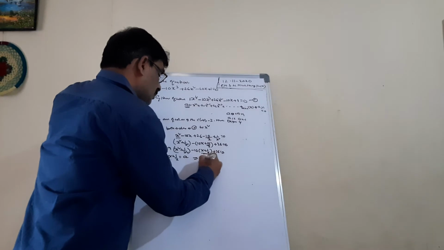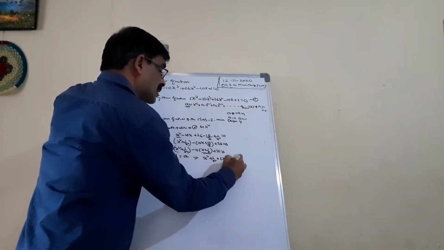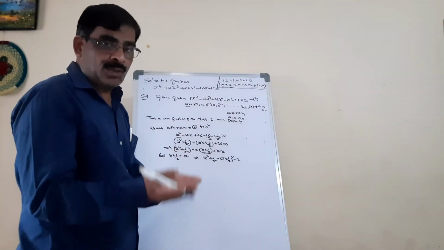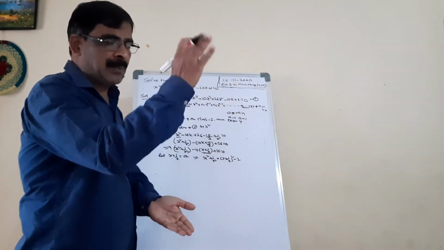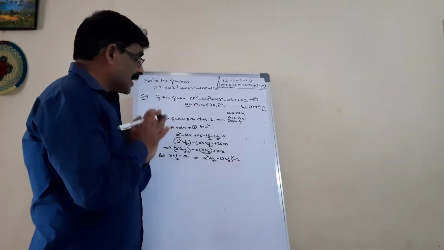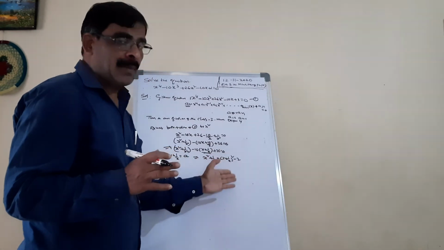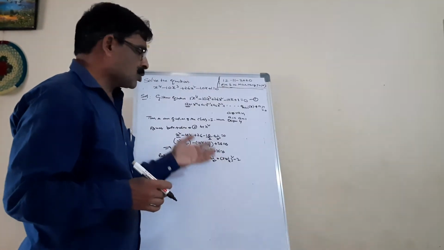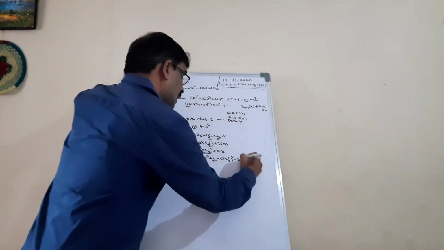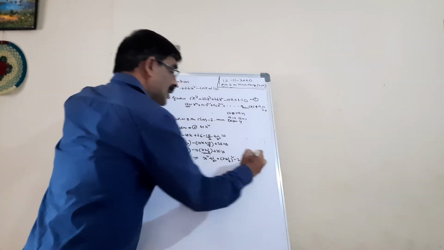You can write it as x plus 1 by x whole square minus 2, since a plus b whole square equals a square plus b square plus 2ab, and minus 2ab cancels. You did many problems on this formula in the 6th and 7th class. So x square plus 1 by x square equals a square minus 2.